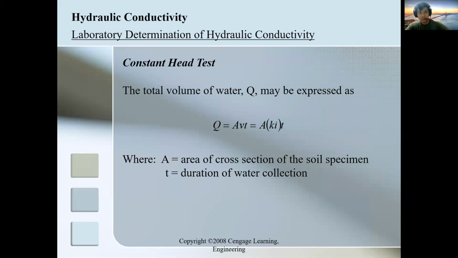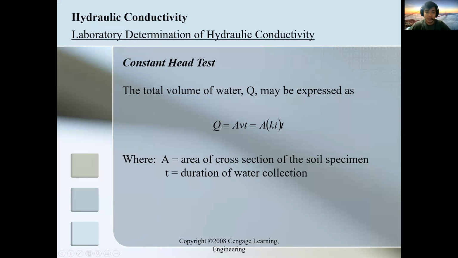So let's try to break down the formula again. This Q, if you read the slide, is the total volume of water. It's a bit confusing, it could be capital V, but the book is using capital Q as the total volume of water. Now, the first part of the formula comes from Q equals VA.